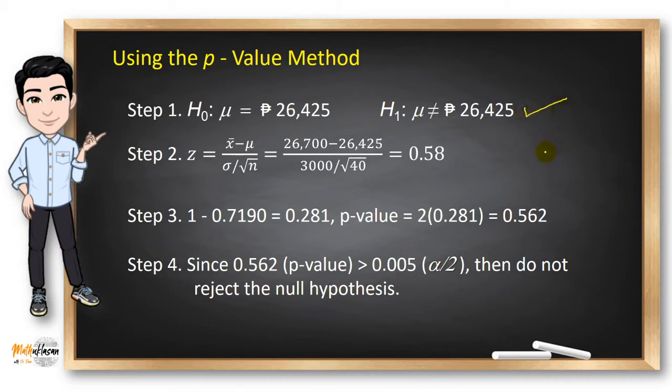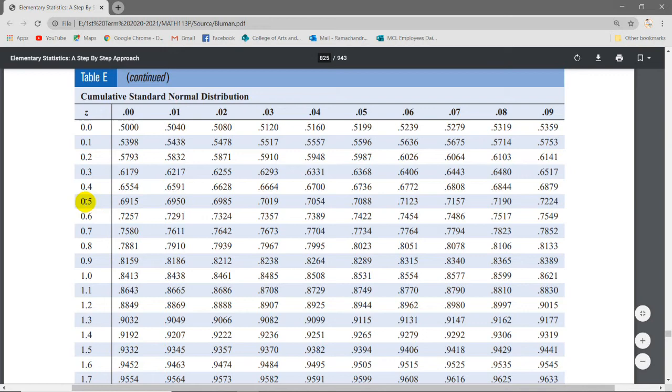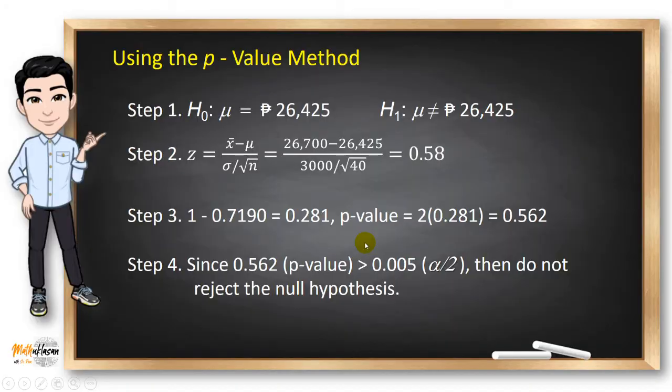It's a two-tailed test, but we changed the sample mean to 26,700, so the test value now is 0.58. So the test value is 0.58, so it's 0.5 and then it's 8 here on the hundredths digit. So 0.58 and the cell that we need is 0.7190.